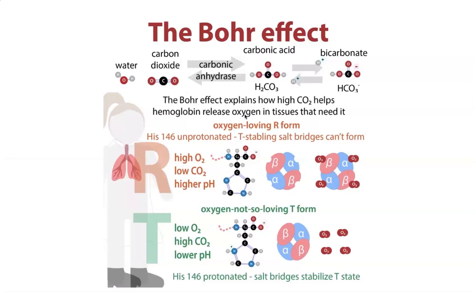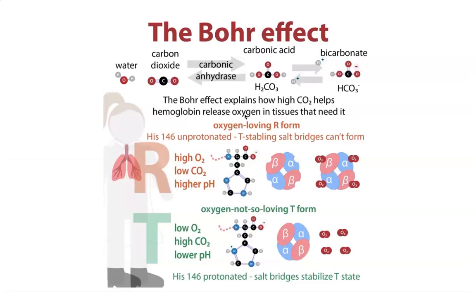And where would you find these conditions? Well, you would find them in tissues that aren't able to expel carbon dioxide easily, but are producing a lot of it and don't have much oxygen. So that was where you would find this, in the tissues where you need oxygen the most. You need it to be offloaded the most. So that's perfect. In our lungs, we've got plenty of oxygen. We're able to expel out that CO2 easily just by breathing it out.